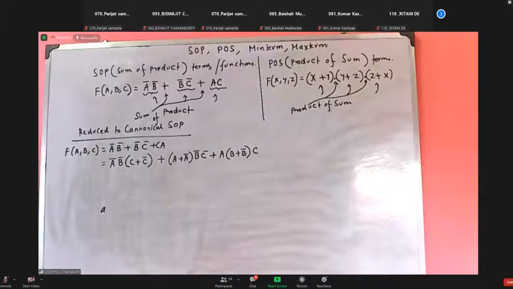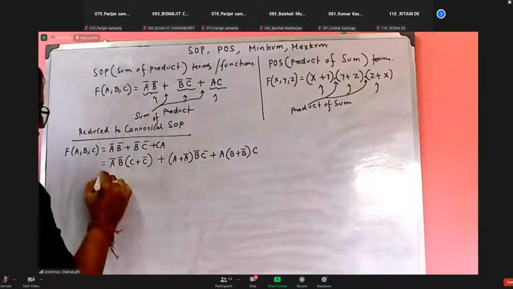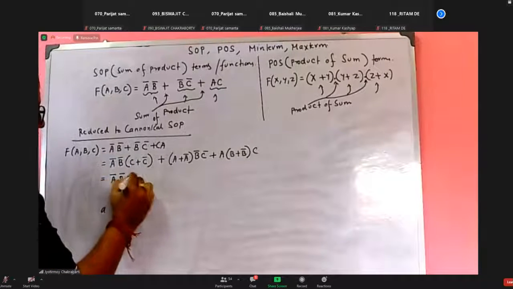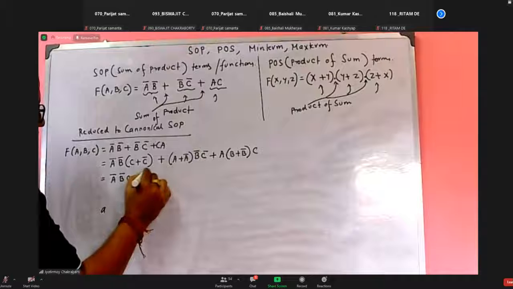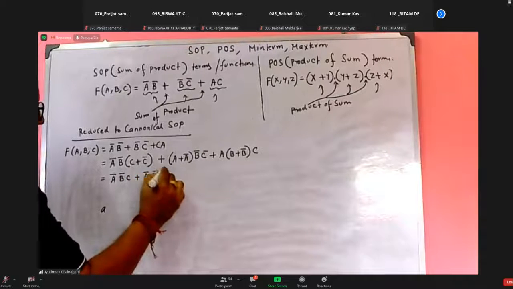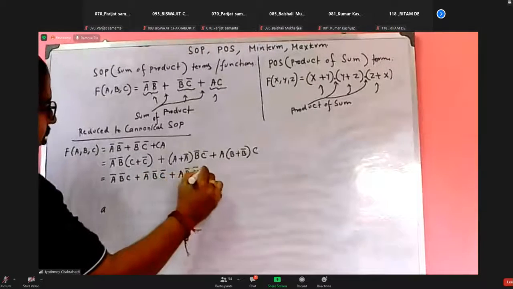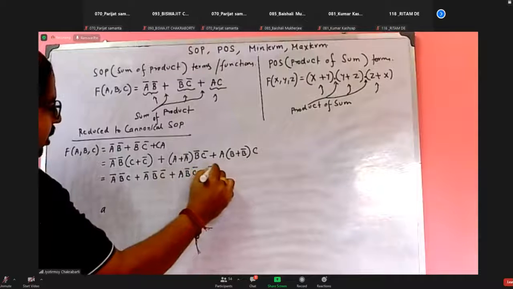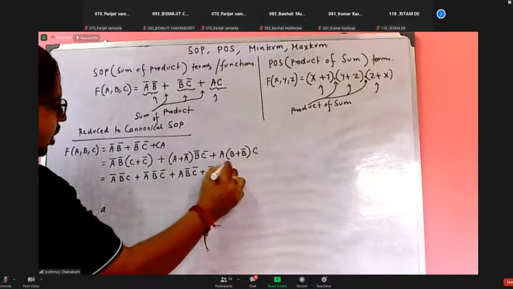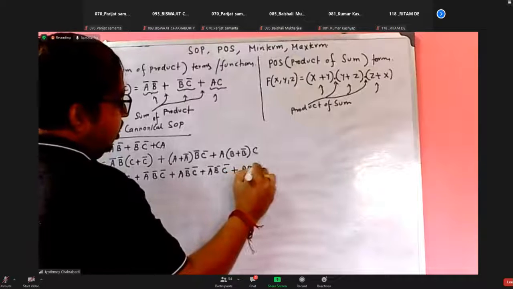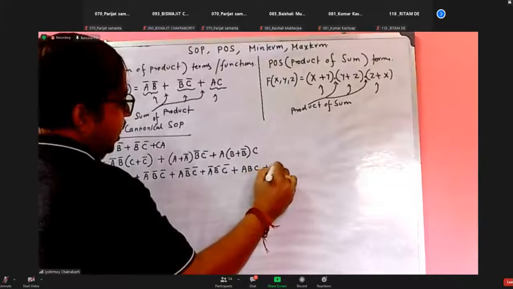So from that we have got A bar B bar C plus A bar B bar C bar plus A B bar C bar plus A bar B bar C bar plus A B C plus A B bar C.